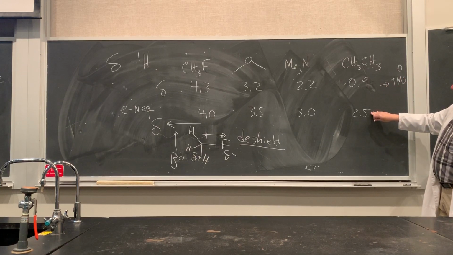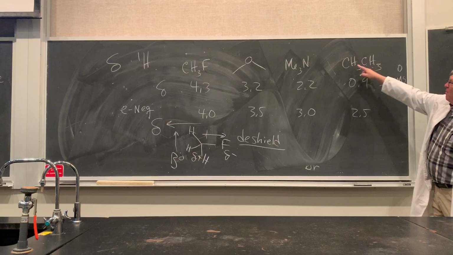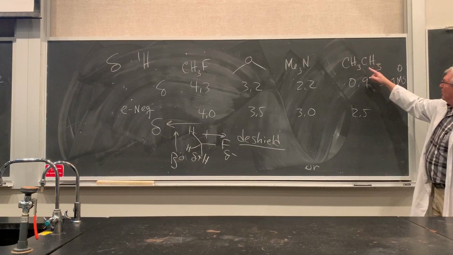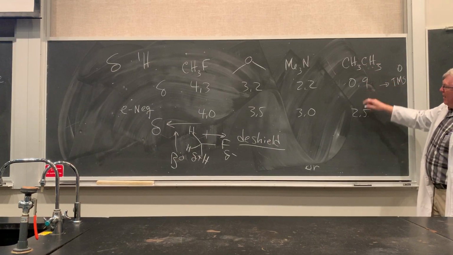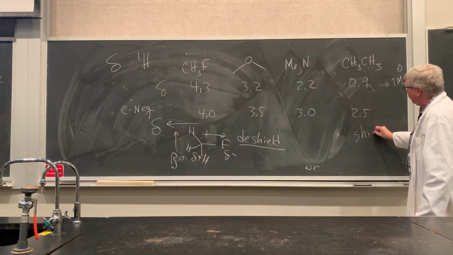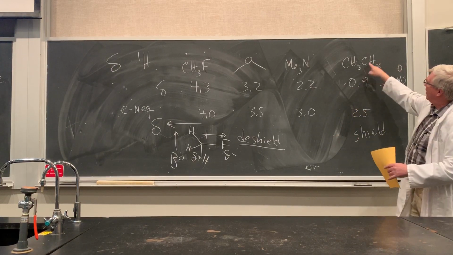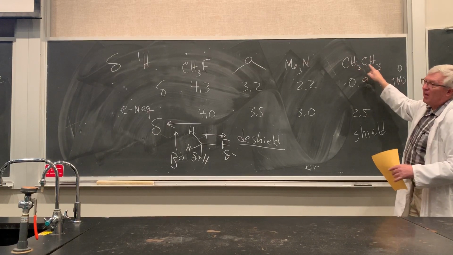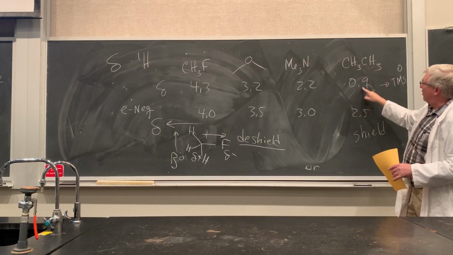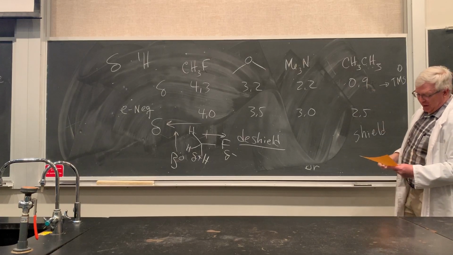And that's due to what? The low electronegativity of carbon here. Okay, so these 6 hydrogens show up at 0.9. And we say that they're shielded. Okay? Because of the higher electron density, there's not an electronegative atom around. So these hydrogens, these alkyl hydrogens, will tend to be up here around 1 ppm.